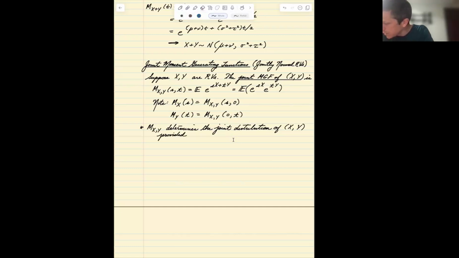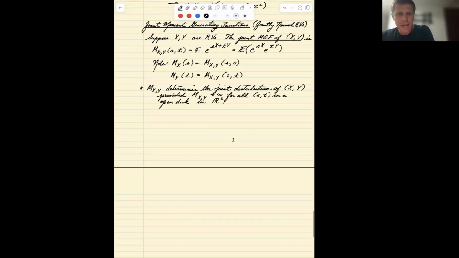This will determine the joint distribution provided that this function is finite for all pairs in an open disk around the origin. Well, actually, it's enough for it to be any open disk in R2. Usually we look at the origin, but it doesn't have to be.